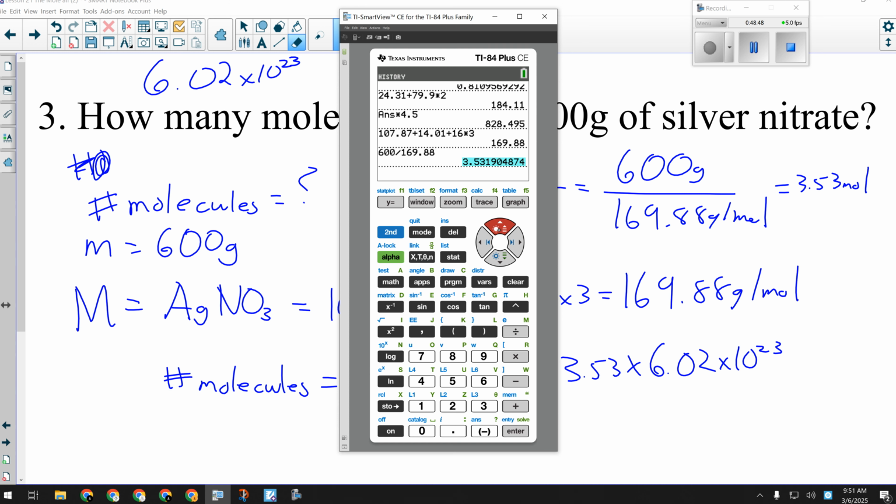You take your 3.53 and then you multiply and then you put in brackets. Avogadro's number always has to be enclosed in brackets when you use it. So I'm going to go bracket 6.02. And then to get the times 10, I'm going to hit the second function button, right here at the top, and I'm going to hit the comma.